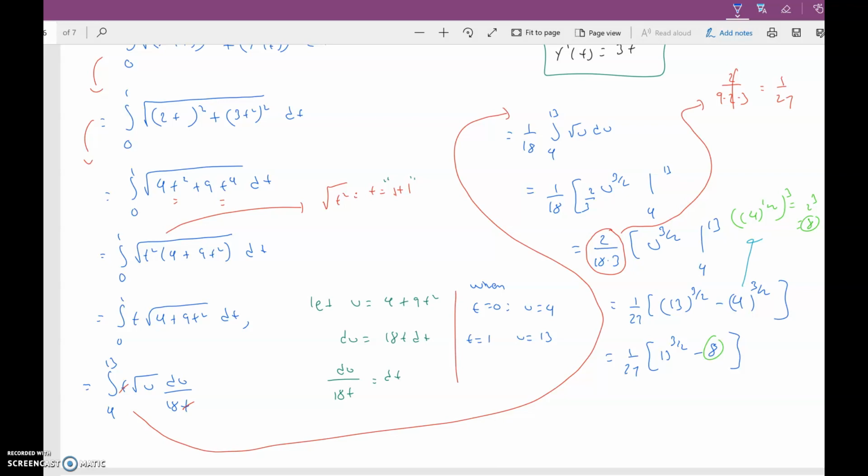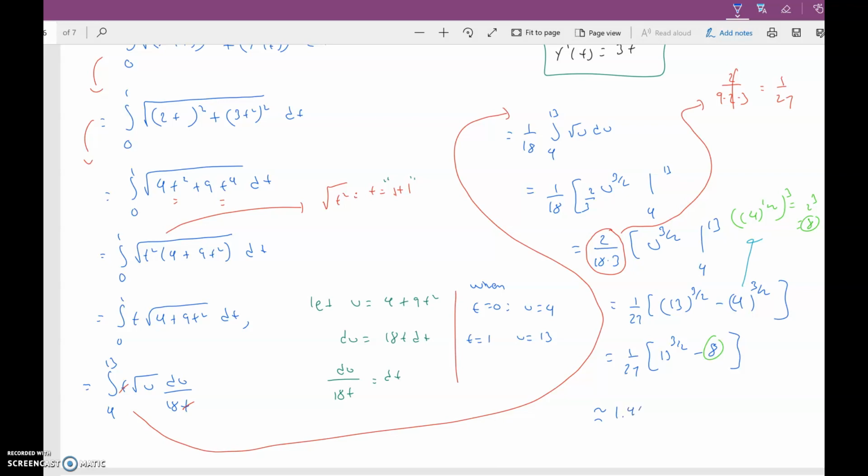Okay, at this point, let me evaluate it on the calculator and get a decimal approximation. Okay, so the decimal approximation, I'm getting 1.44.